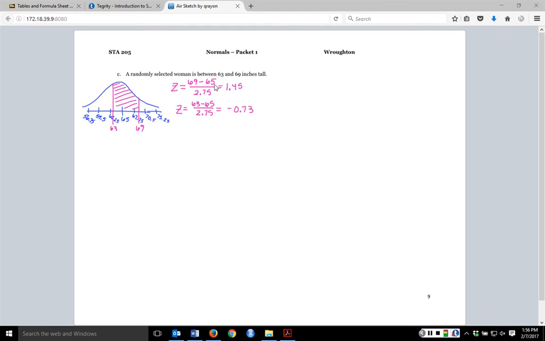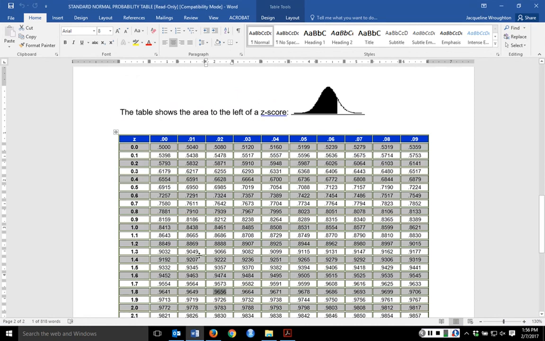Now my next part of my process is to go to the table. So I just have two different numbers to go to the table with. So we're just going to look them both up. So first I'm going to look up the positive 1.45. Again, keep in mind, first two numbers are my row, second number is my column. So we're going to get a positive 1.45.